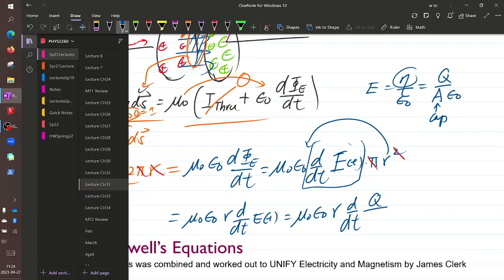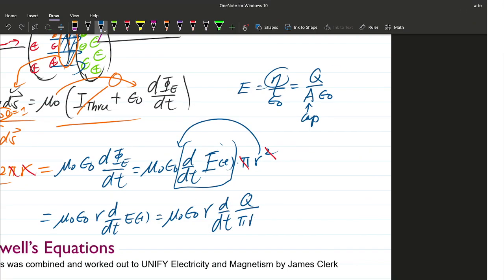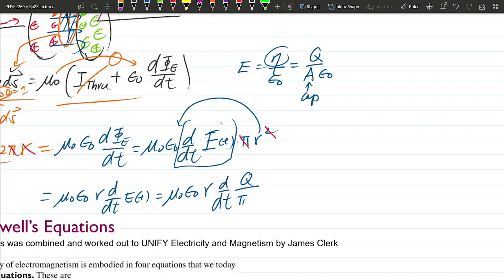Charge over the area of that capacitor, which is actually pi big R squared, because that's the whole area of the capacitor plate, not the area of the little Amperian loop we drew. There's an epsilon naught here also. We can start canceling a few terms. And then the R is also constant, so it can go out here.